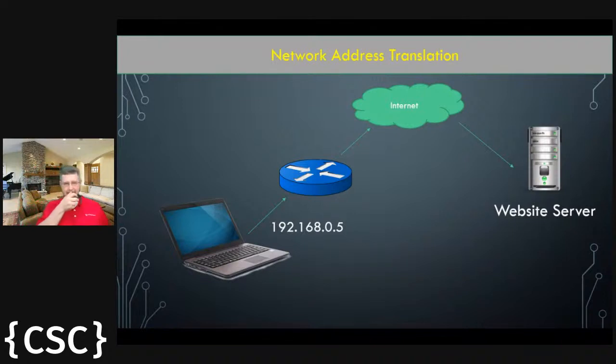So with my laptop, let's say that I've got an internal address given to me by what's called DHCP, the Dynamic Host Configuration Protocol, which is usually done by a router. And so when I got onto the network, it gave me that IP address that is not being used by another device. So my computer has 192.168.0.5, and I want to get out to some web server.